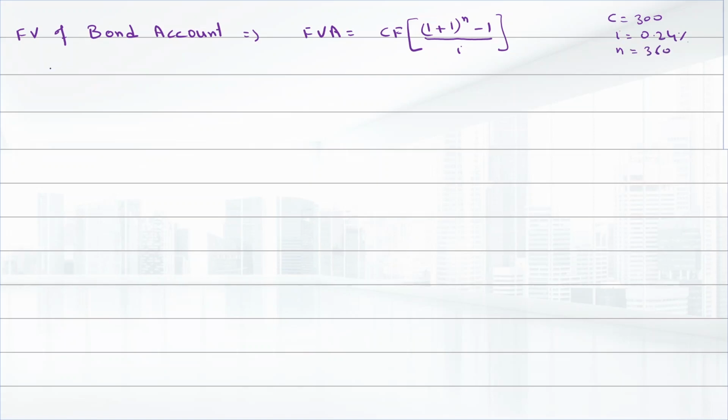So the future value of the annuity will be 300 times (1 plus 0.0024 raised to the power 360, minus 1) divided by 0.0024, that is equal to 170,316.78.